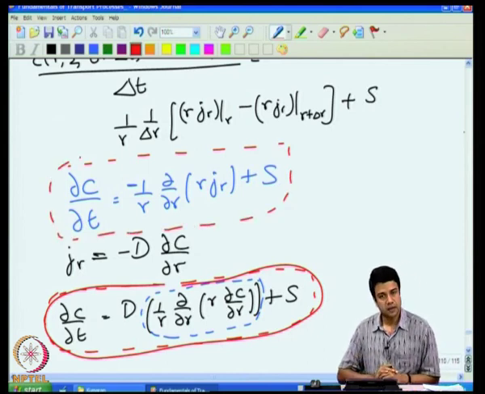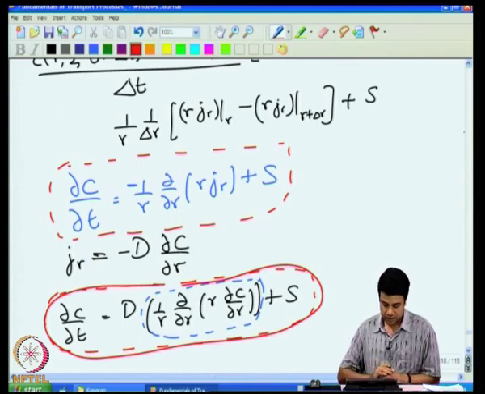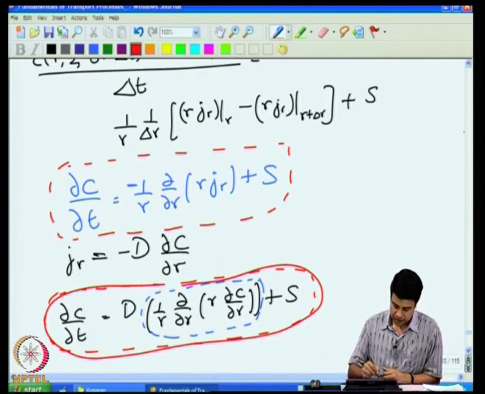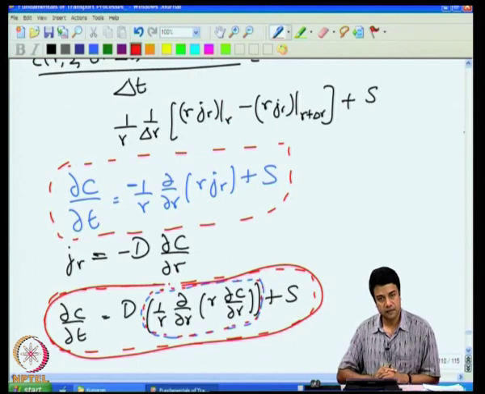Okay. And if you write the flux as minus D times dc by dr, then you get dc by dt is equal to D times 1 over r d by dr of r dc by dr. And as you can see, this term is more complicated than the simple second derivative that we had in the case of a Cartesian coordinate system. That is the price that you pay for going from a Cartesian to a cylindrical coordinate system.